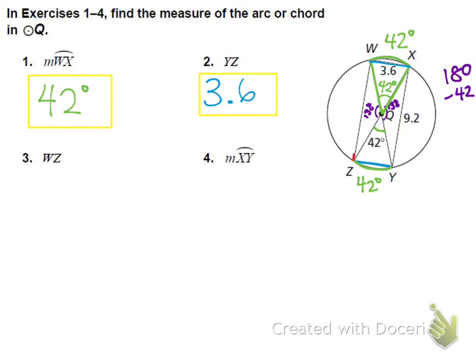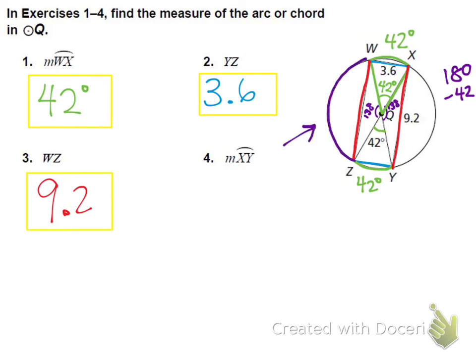WZ is going to be 9.2. And it's for the same reason. WZ was formed by this arc, and XY is formed by this arc. And these arcs are congruent because what are their central angles measures? 138.